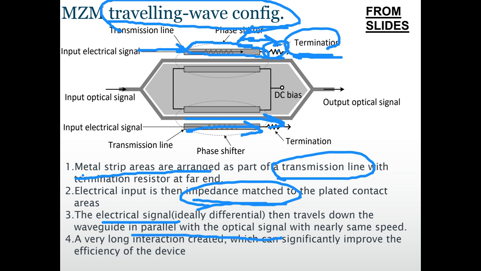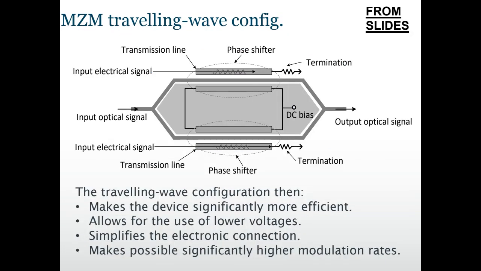So the advantages of this traveling wave configuration are summarized here. First of all, we make the device more efficient, and we allow lower voltage because we effectively enlarge the period of time for the electrical field without increasing the voltage. We just increase the time of interaction between the electrical signal and the optical signal.